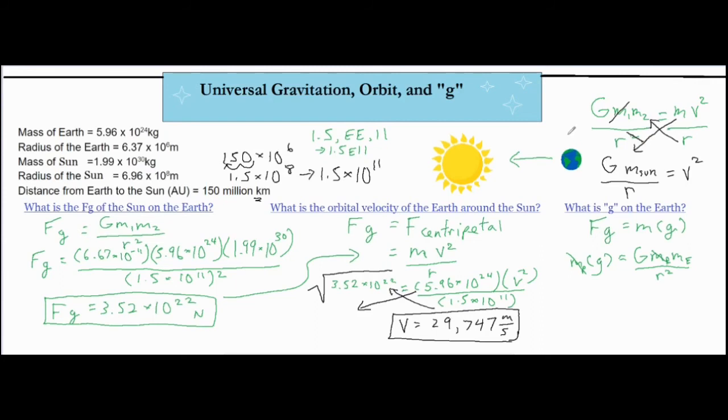If there is a person standing on the Earth, and you're measuring the distance from the center of gravity of the Earth to the person, you can see that's half of the Earth, which is the radius. So the distance you're going to use here is the actual radius of the Earth. Let's go ahead and plug in our values and see what we come up with.